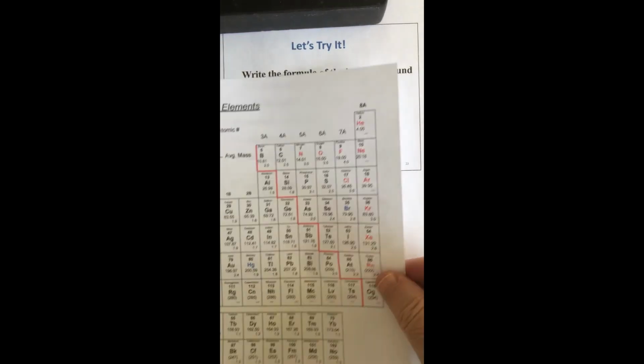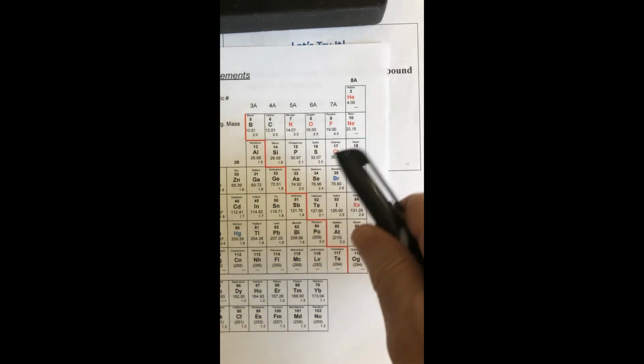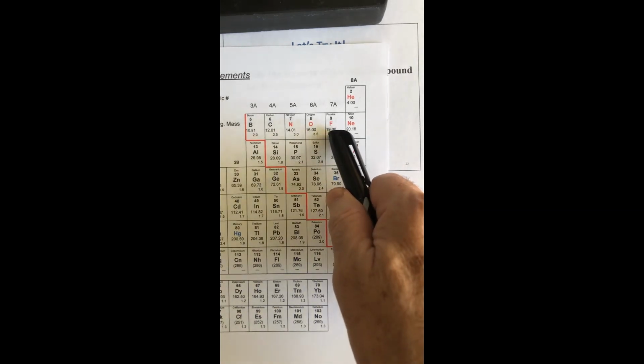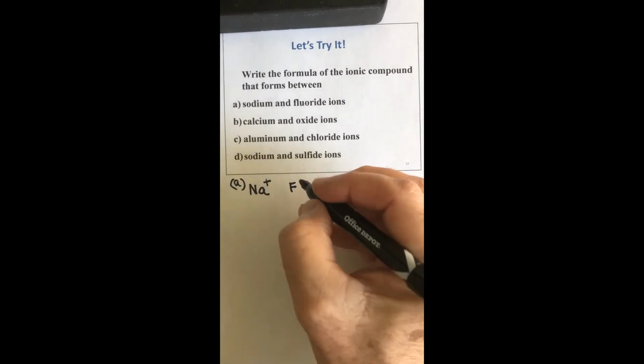Fluorine, or the fluoride ion, is in group 7A, and as you can see, it is 1 removed from neon, which means it's going to want to get 1 more electron and form a negatively charged ion. So the question we ask is, for every sodium atom with 1 positive charge, how many fluoride ions with 1 negative charge each would we need?